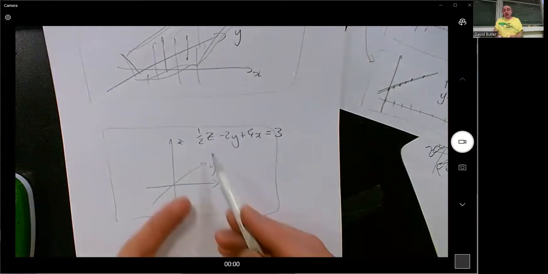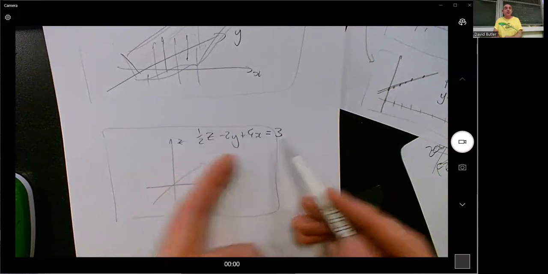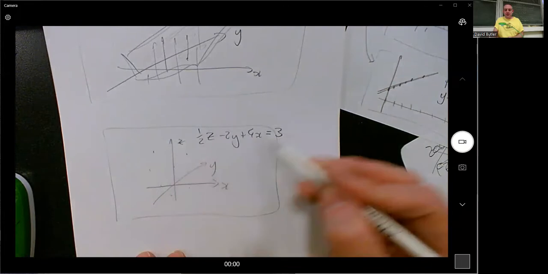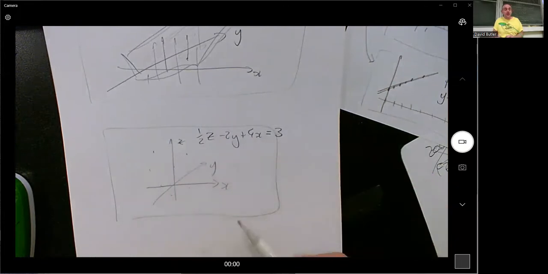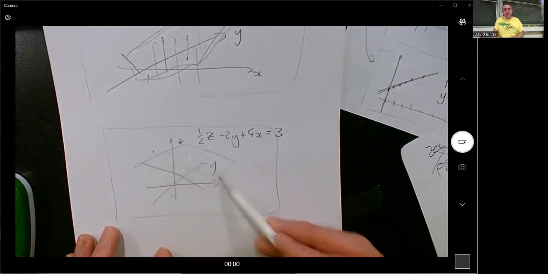And I could color in all the points with 3 coordinates that when I sub those 3 coordinates into here, produced the answer 3. Some of these points in space will produce the answer 3, some of them will produce a different answer. And when I collect together all of the ones that produce the same answer, it will produce a surface.